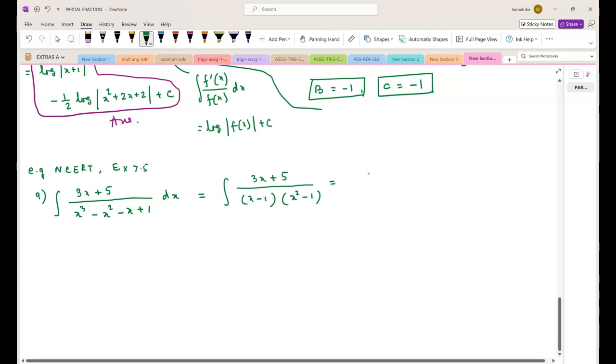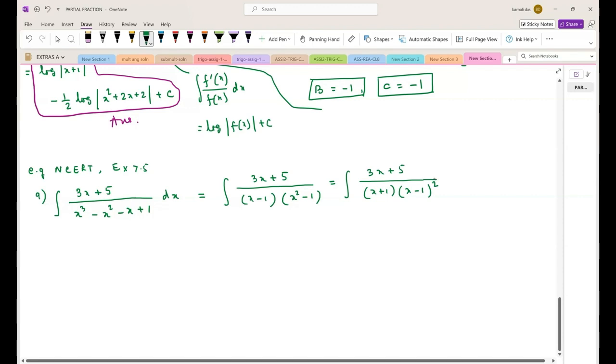So that is 3x plus 5 by, if you break this, a square minus b square into a minus b whole square, so ultimately you get x plus 1 into x minus 1 whole square.